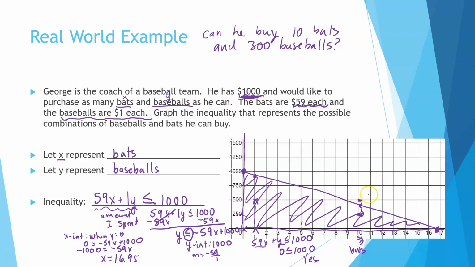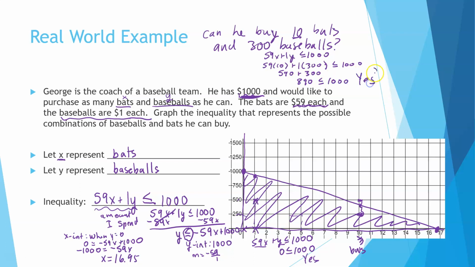So if you're ever unsure, take the inequality, which I decided to take the original, 59x plus 1y, test the point and see if it works. So I took 59 times 10 plus 1 times 300 and asked myself, is that less than or equal to 1,000? 590 plus 300, so I got, is 890 less than or equal to 1,000?